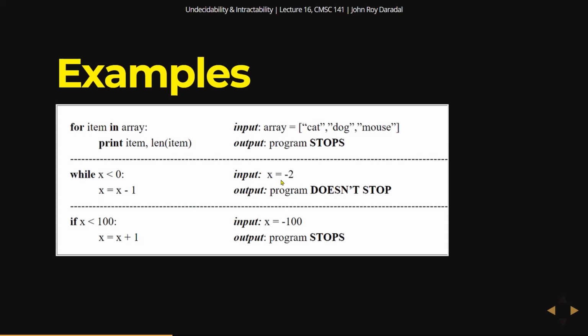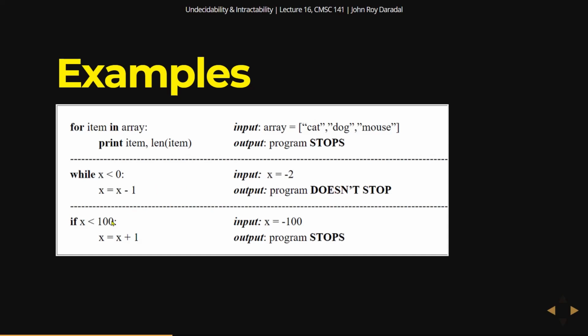If you feed it x equal to -2, the program will not stop because it's already less than 0, and you're subtracting 1 from it, so you're making it even smaller and farther from 0. You start at -2, then -3, -4, -5, and so on. So this will always be true because x will always be less than 0. So the program will not stop. It will enter an infinite loop.